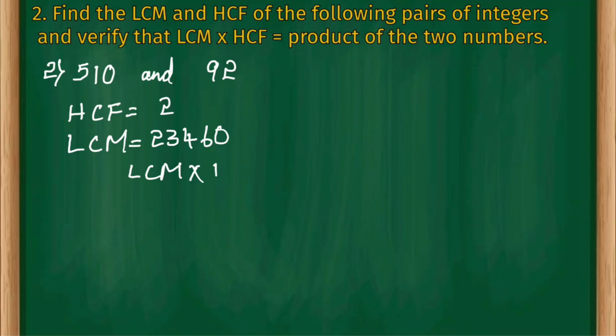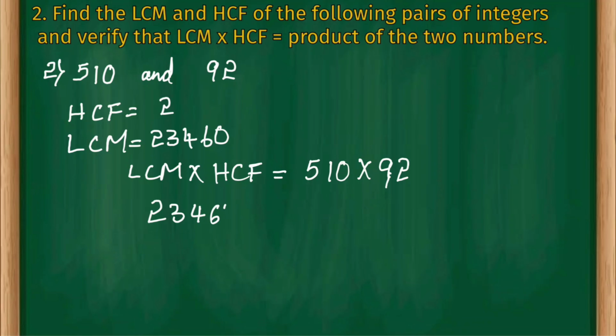Now we have to verify that LCM into HCF is equal to the product of the two numbers. The two numbers are the numbers given in the question, that is 510 and 92. So LCM is 23,460.